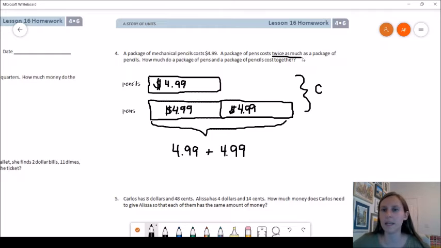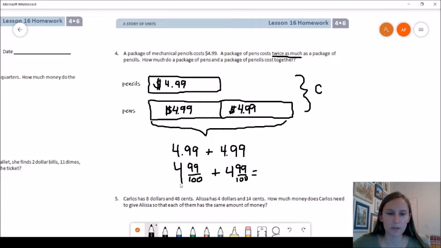So I can use repeated addition here instead of multiplication and repeatedly add 4.99 twice. Now, as a fraction, that would be 4.99 plus 4.99.